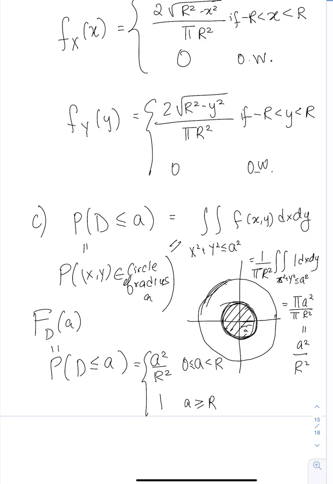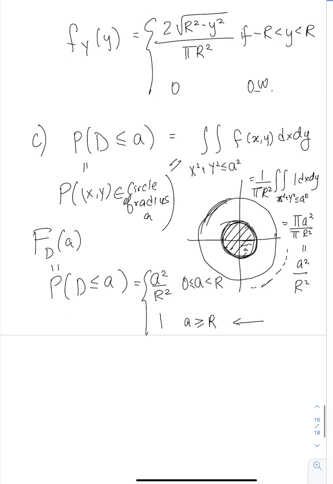Because what's the probability that the point you pick is inside this dotted circle, which is outside of the circle of radius r? Well, that's 1. It's always going to be inside that dotted circle if the dotted circle contains the circle of radius r. So to be complete, always make sure you include these extra parts where the CDF is 0 or the CDF is 1.